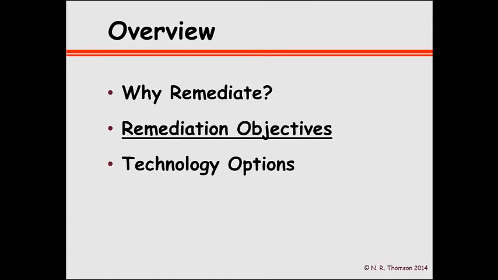The next segment we'll be talking about the goals or the objectives of the remediation process, what we would like to achieve, and the following segment after that will be speaking about the technology options.